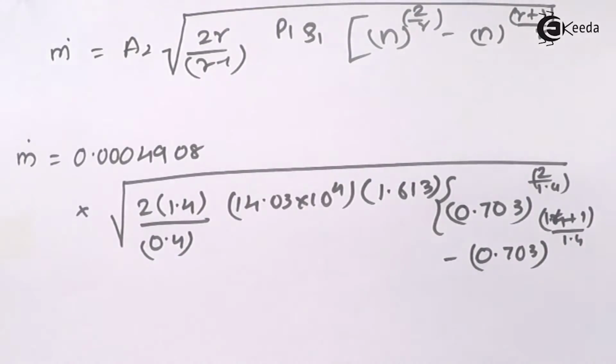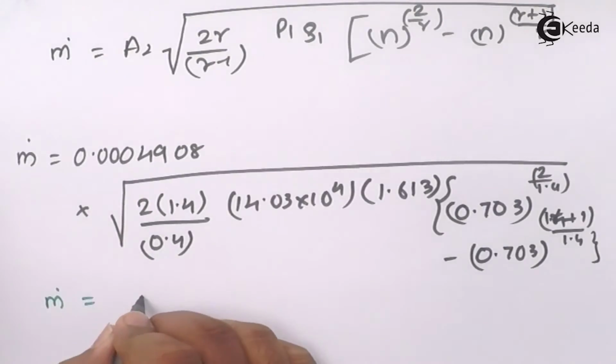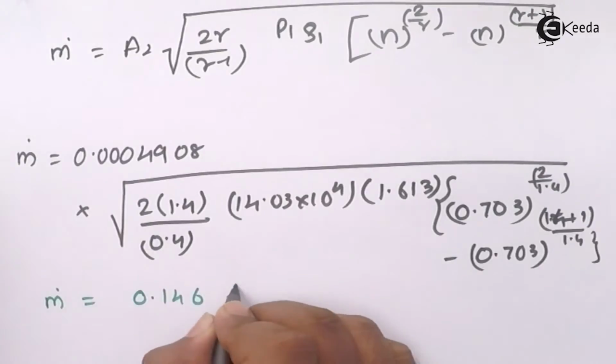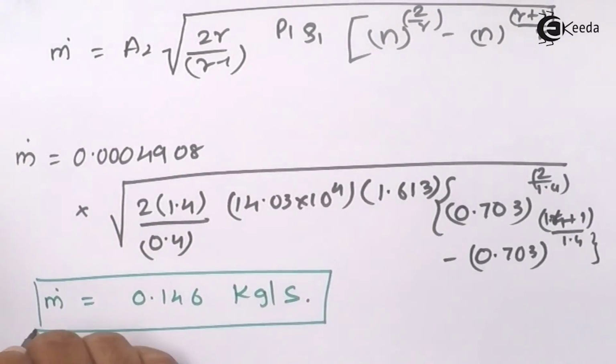So we have substituted the values. Now on calculation of this entire part, we get m dot is equal to 0.146 kg per second. That is the mass flow rate which we have calculated.